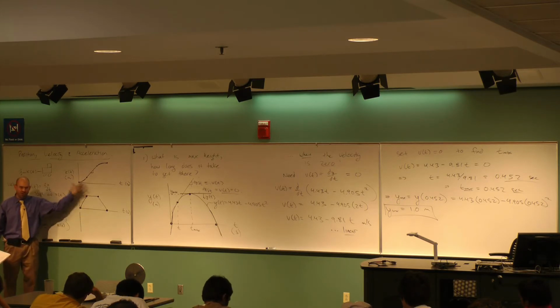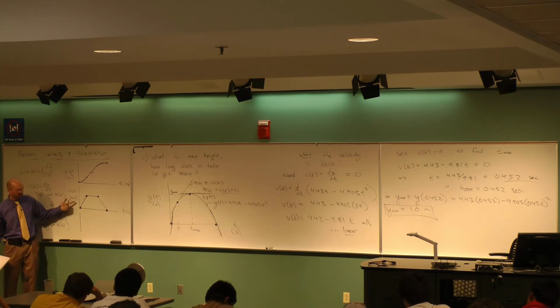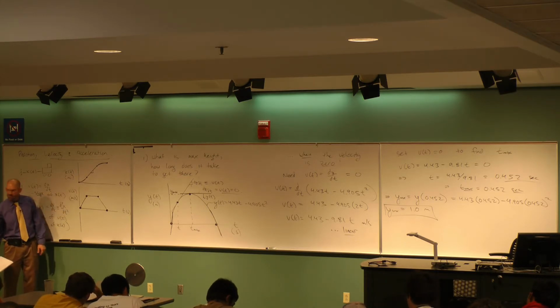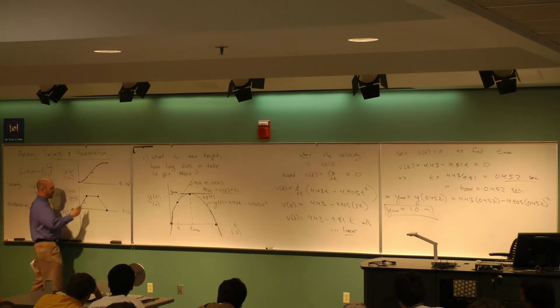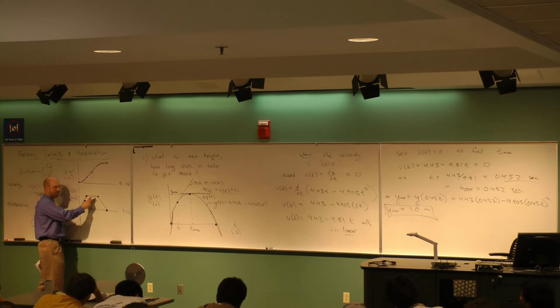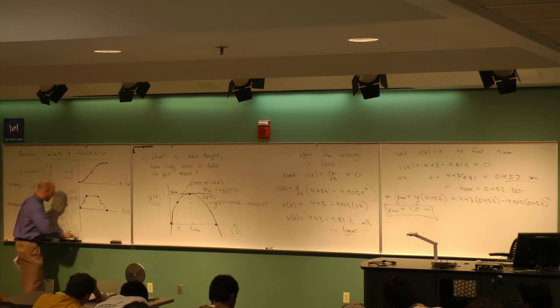Is the acceleration always a positive number for this problem? Do I get places where the slope of v is negative? Yeah, right. So don't I have positive slope here, 0 slope in the middle, and negative slope over here? So I've got all that going on.